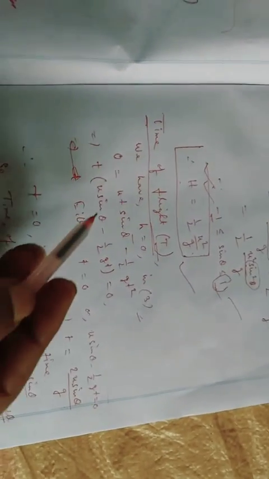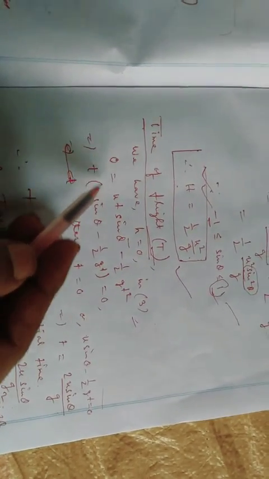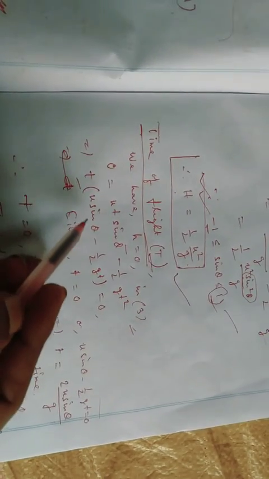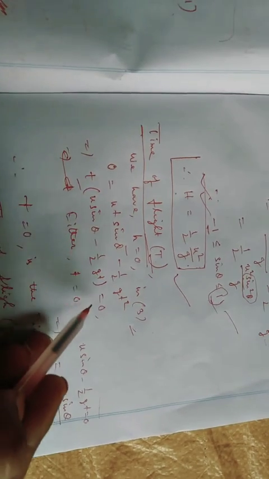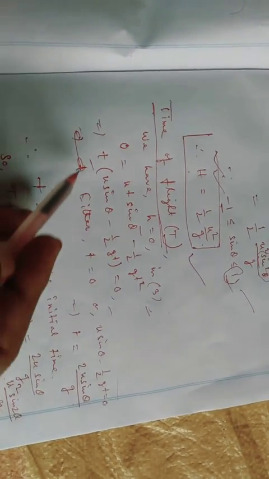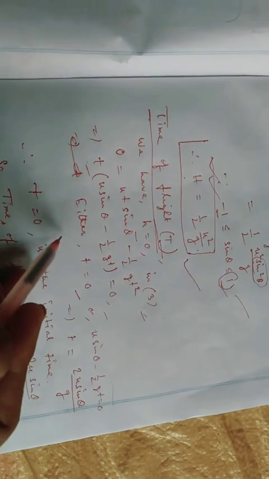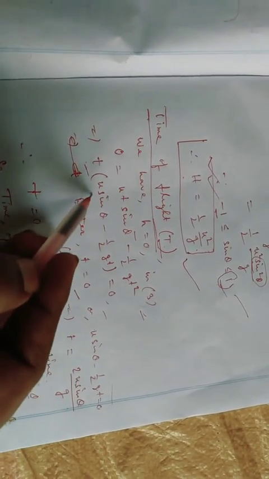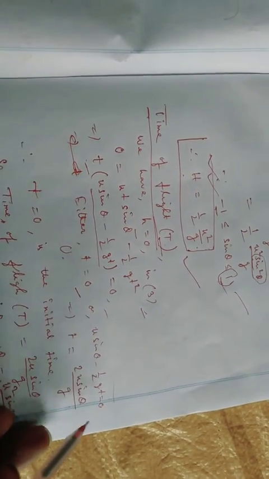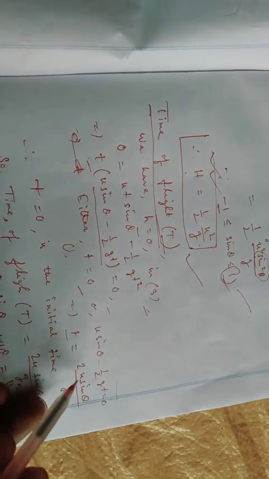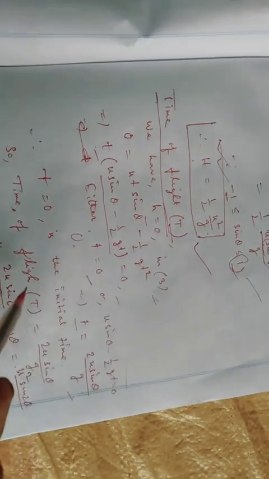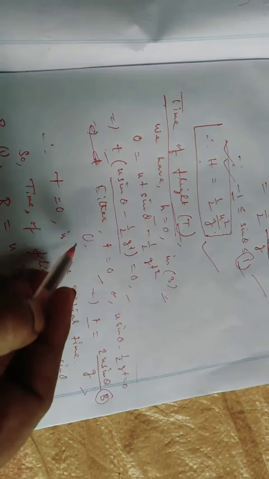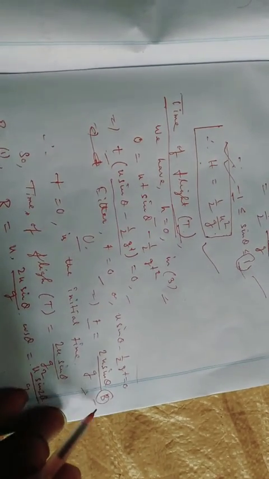So 0 is equal to ut sin theta minus half gt square. Here t is taken common, so t times u sin theta minus half gt is equal to 0. So either t is equal to 0, which is the initial point O, or u sin theta minus half gt is equal to 0, which gives t is equal to 2u sin theta by g. So this is the final point or B point, when the particle reaches the ground.